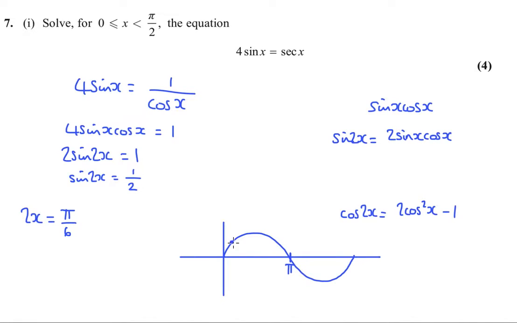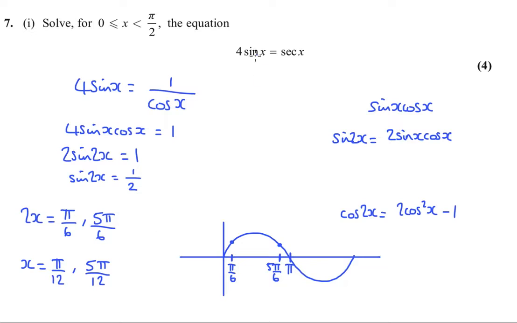We've got the pi over 6, but there's going to be another one here at 5 pi over 6. And then the last job is to just divide by 2 to get actually x, not 2x. So pi over 12 and 5 pi over 12.